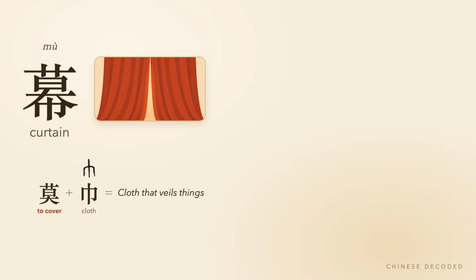Next, mu, the character for curtain. The composition is to cover plus cloth, cloth that veils things, which is a curtain. Mu forms many compound words, and in many of them the curtain is figurative, with the sense that something is veiled and hidden. For example, nei mu, inside the curtain. The meaning is the inside information hidden from outsiders. It often carries a negative shade, as in insider trading.